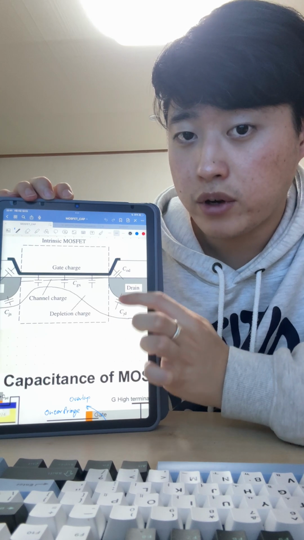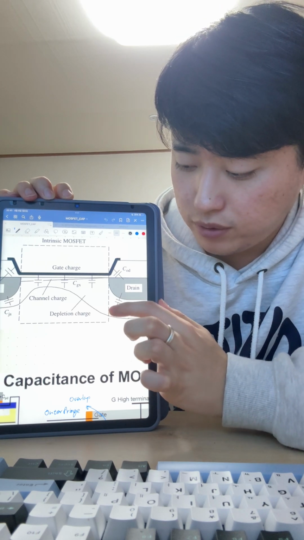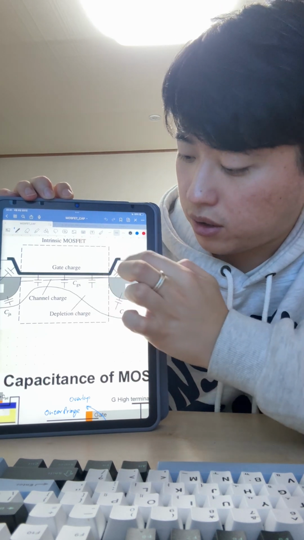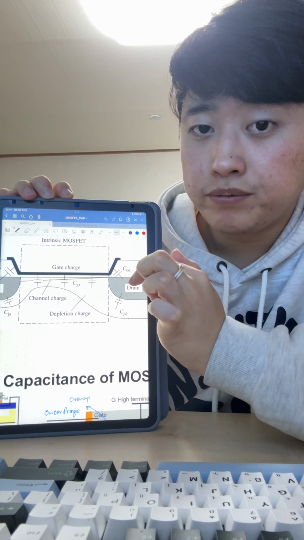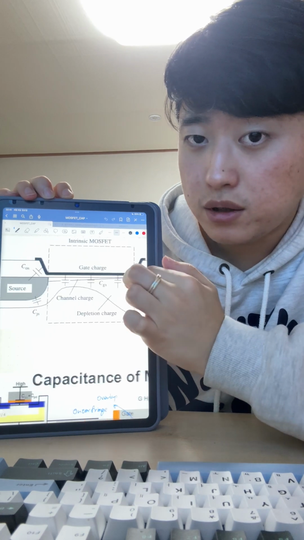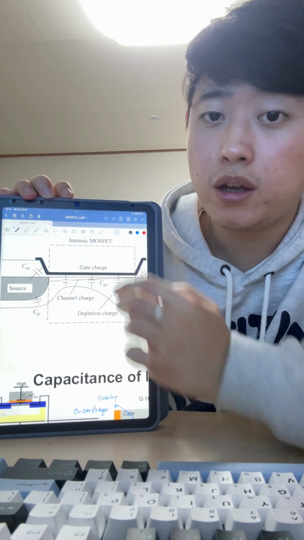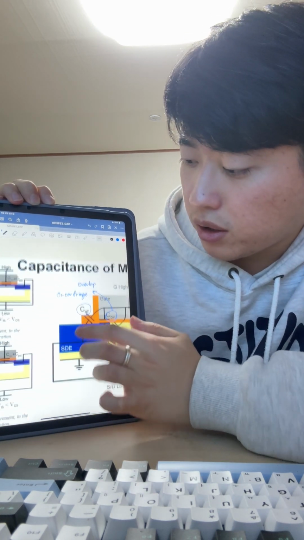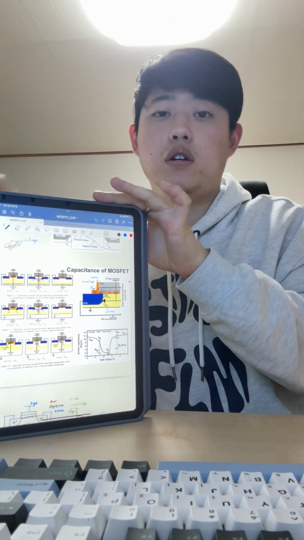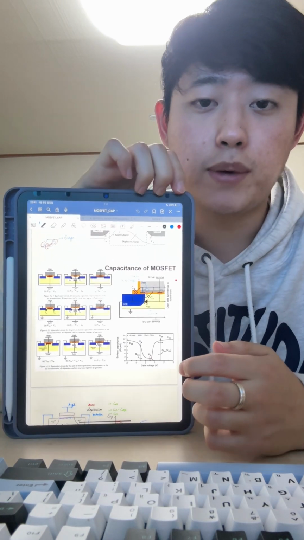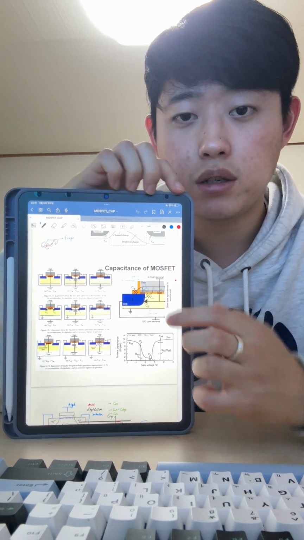So they have junction capacitance, and they have gate and drain capacitance and the mirror of the same thing. Okay, so we can do measurement of capacitance of MOSFET.